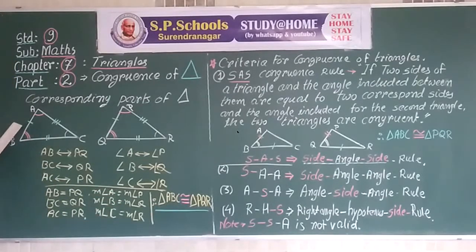There are 6 parts of a triangle, 3 sides and 3 angles.